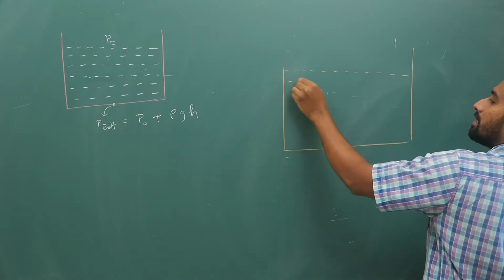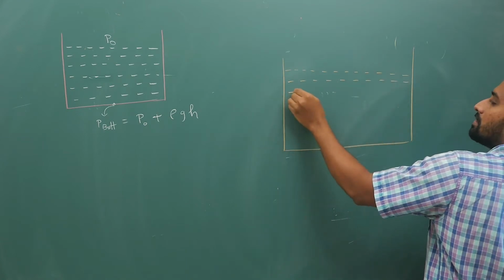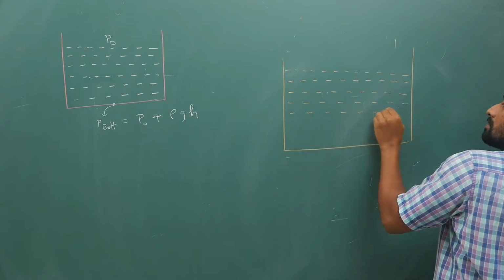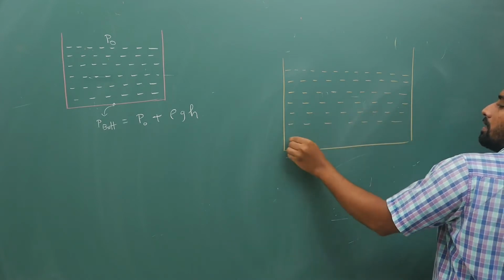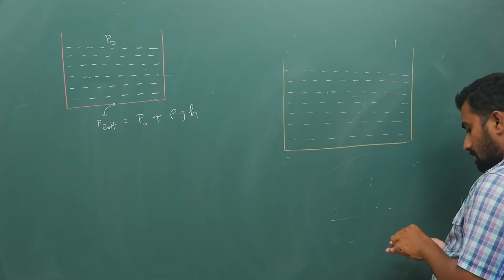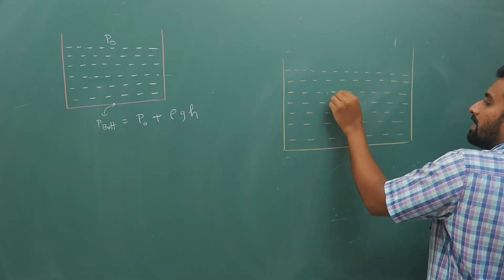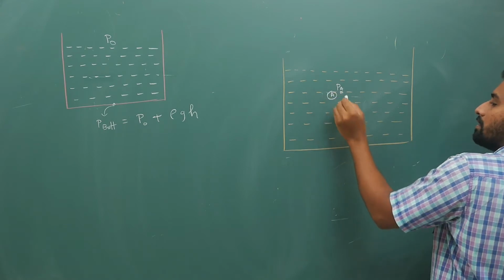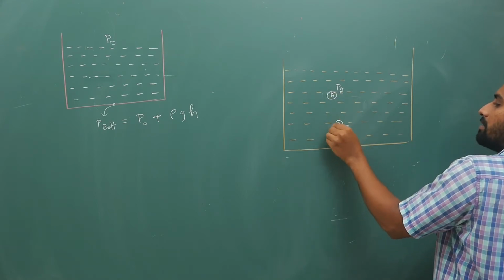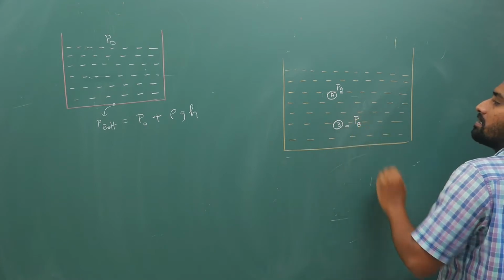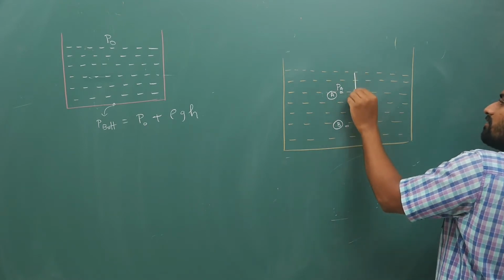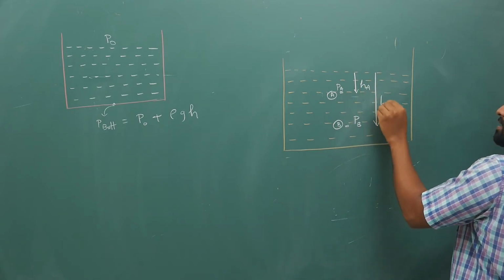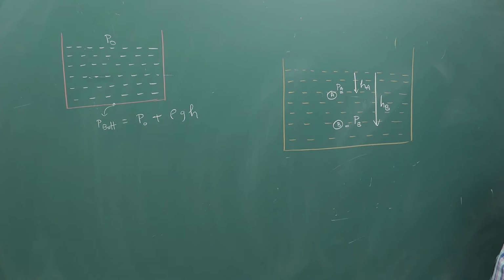In this container, if you take pressure at some point A, and some point B here, the height from the top to A is HA, and the height from the top to B is HB.